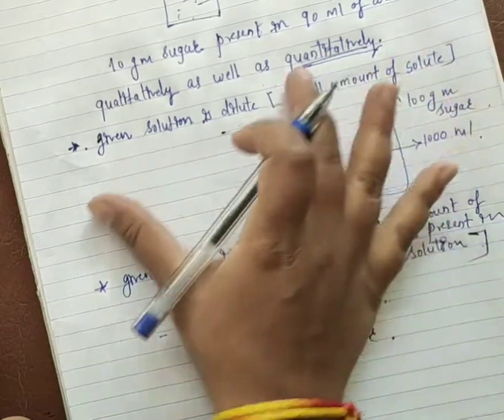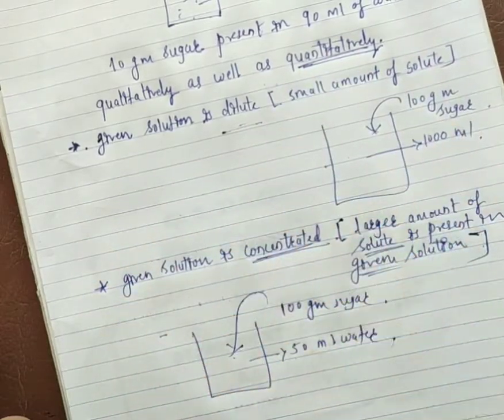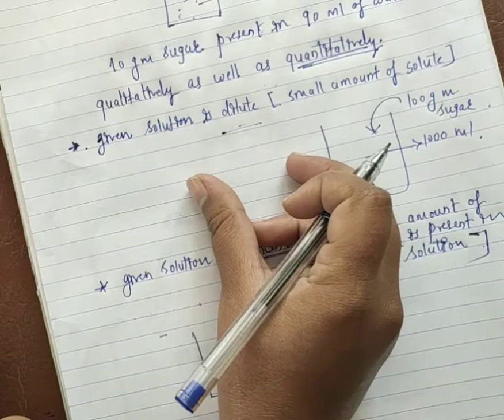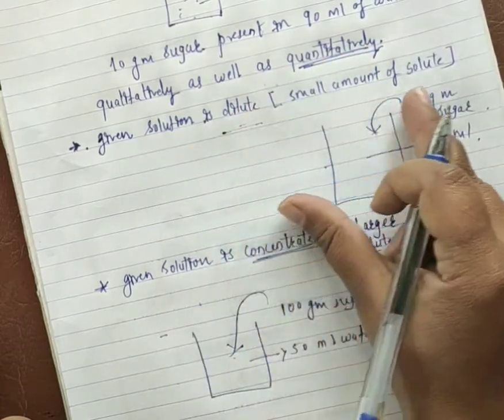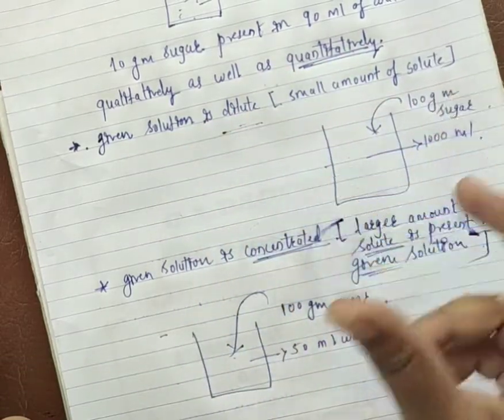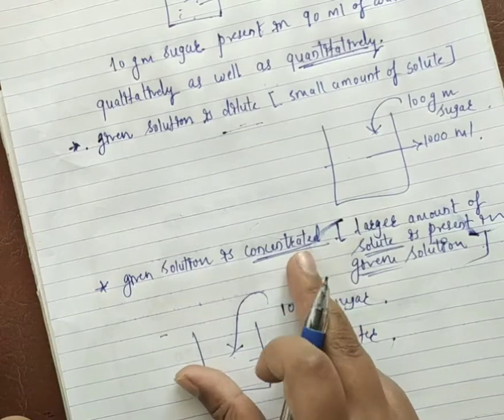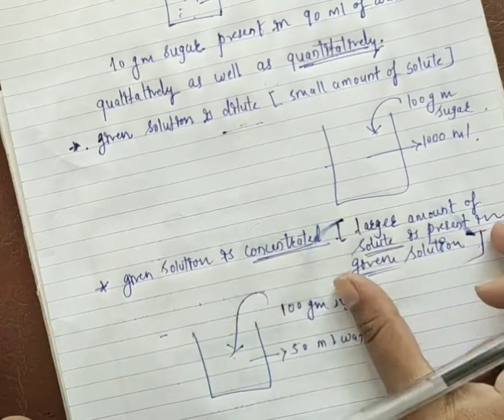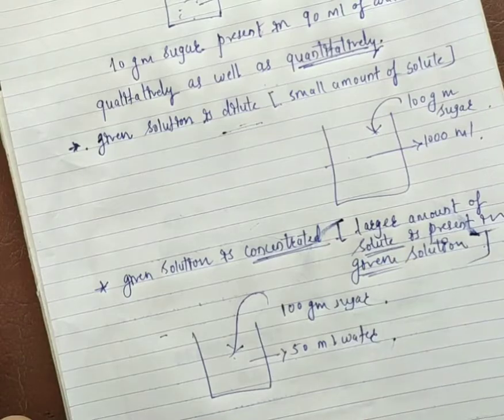So in quantitative terms, a dilute solution means a small amount of solute is present, whereas a concentrated solution means a larger amount of solute is present.